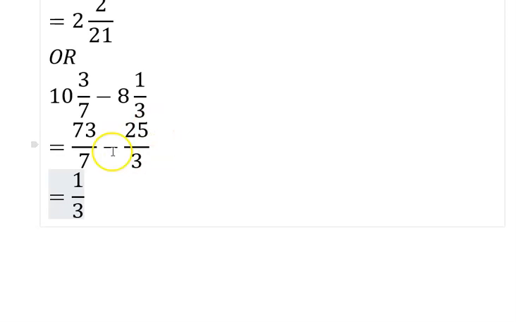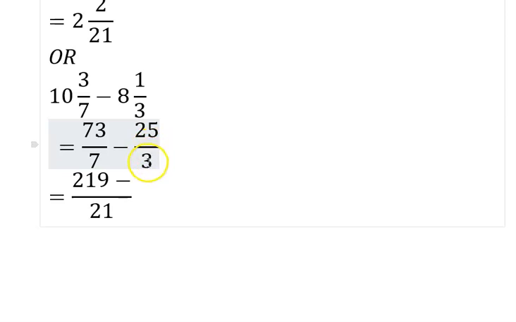The LCM of 7 and 3 is 21. 7 in 21 will give you 3. 3 times 73 that you have here will give you 219. Minus, how many times will 3 go in 21?